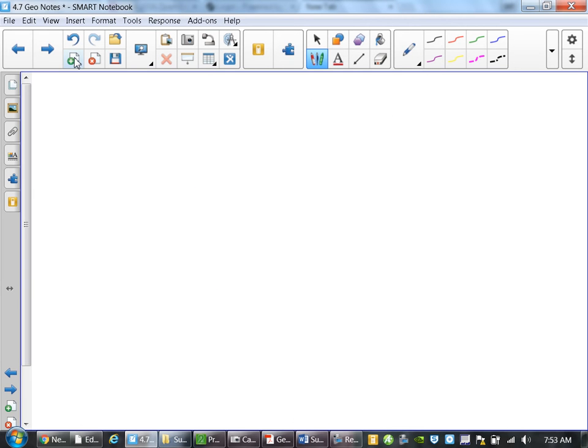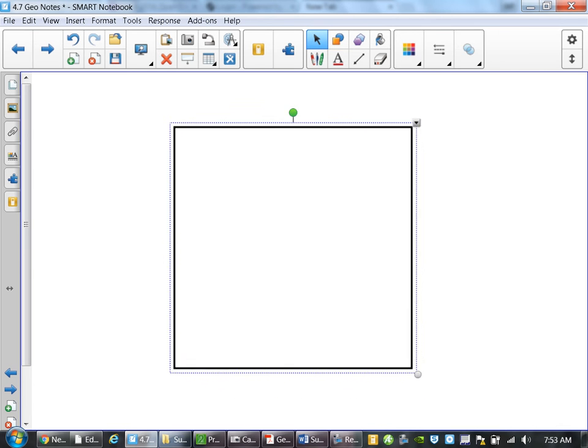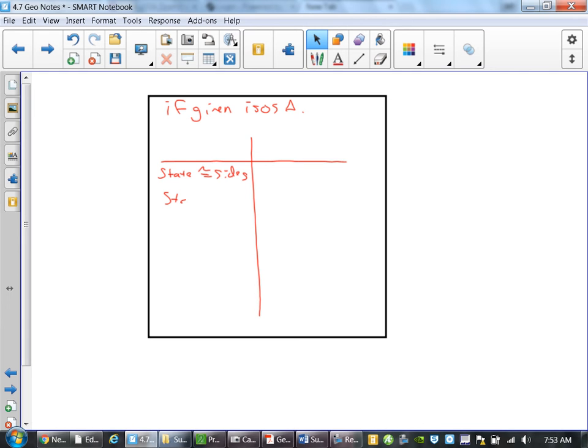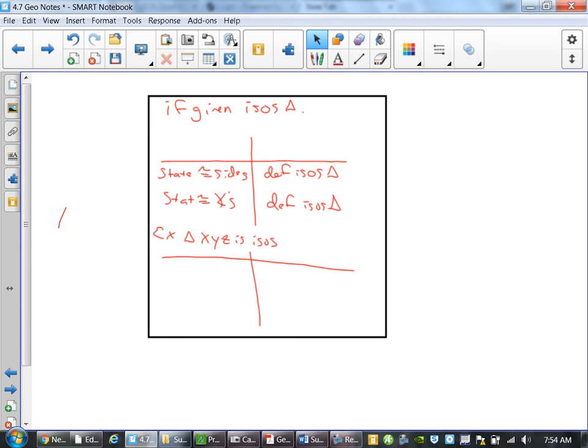Okay. Basically, what I want to get at here is the following. If you're given an isosceles triangle, you're just going to state the two sides that are congruent and state the two angles that are congruent.